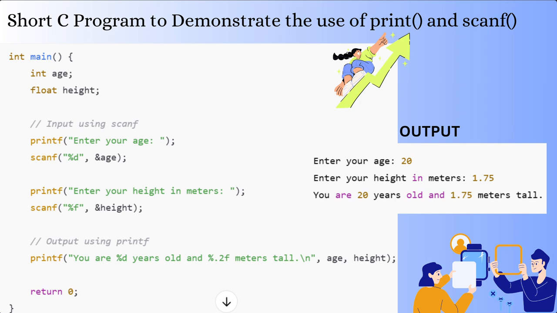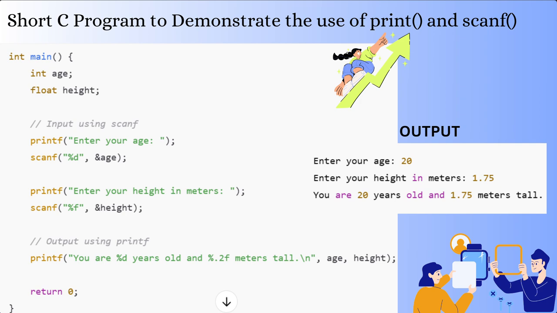Now we are taking input from the user using a printf statement. Within quotations we write "enter your age", and then we close the quotations along with a semicolon. Semicolon is a termination character, which signifies the end of the statement. Scanf is "%d", comma, address of age.